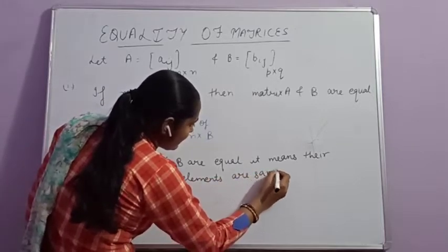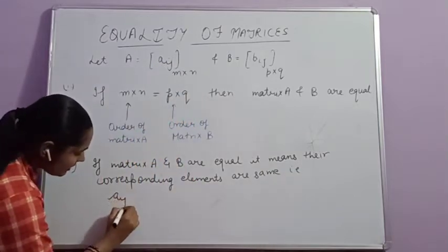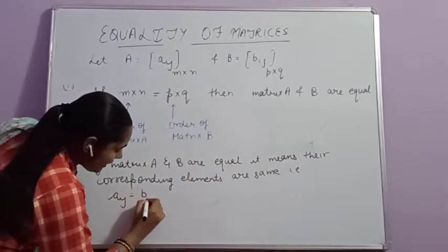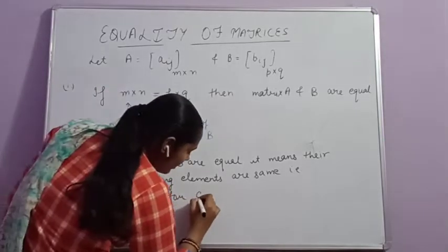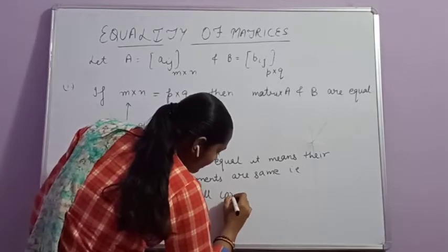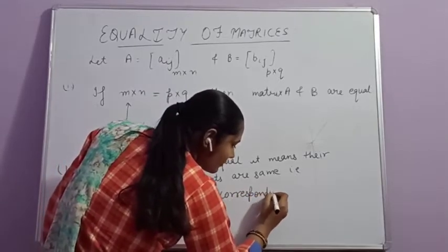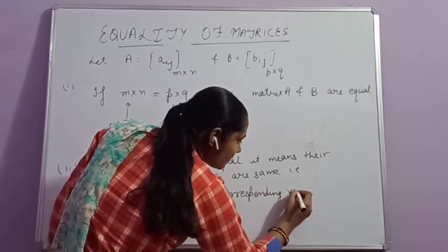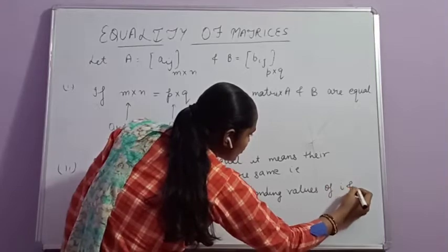That is, Aij is equal to Bij for all corresponding values of I and J.